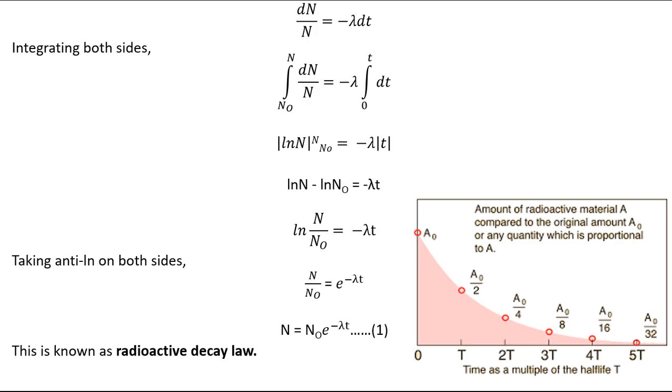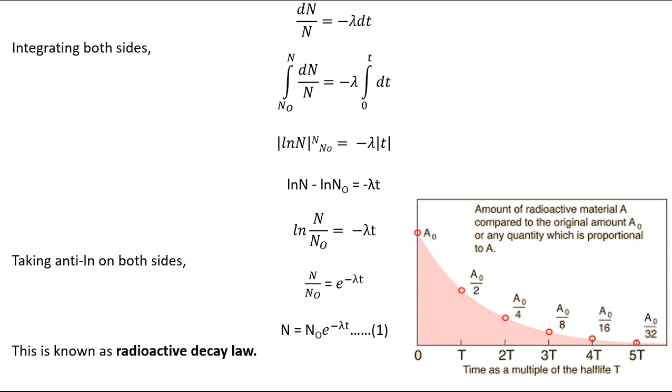From this relation, we can separate the N terms and the dt terms, and we have dN over N equal to minus lambda dt. We can integrate both sides. At time t equal to 0 we have N naught nuclei, and at time t we have N nuclei.